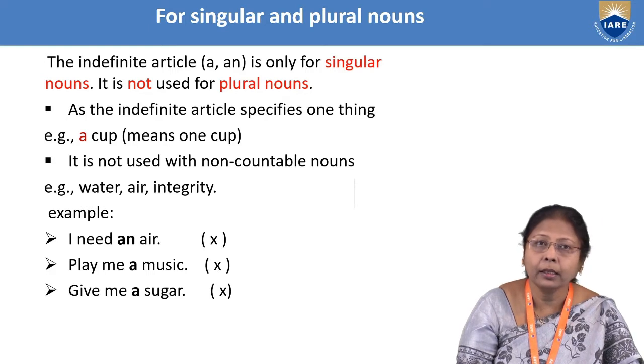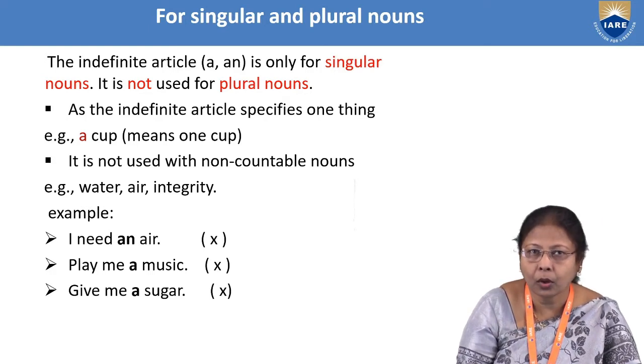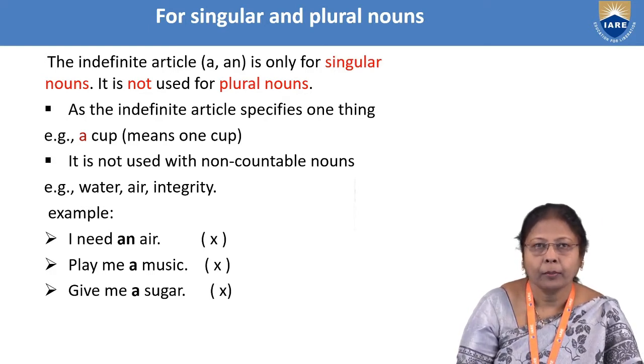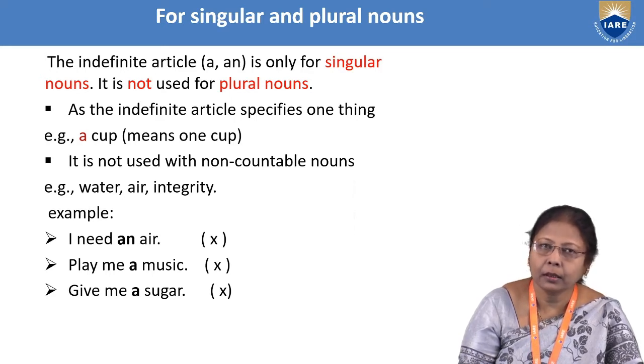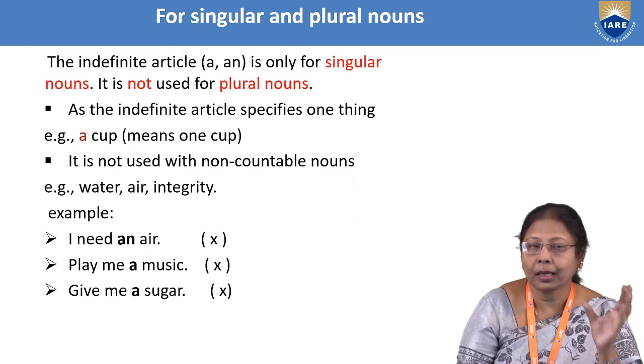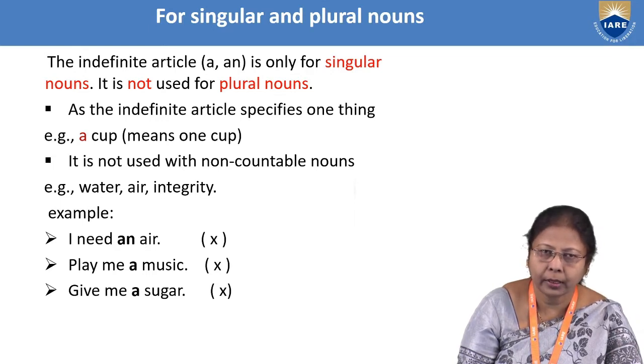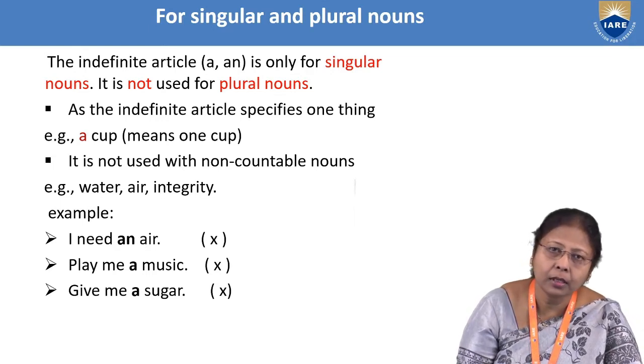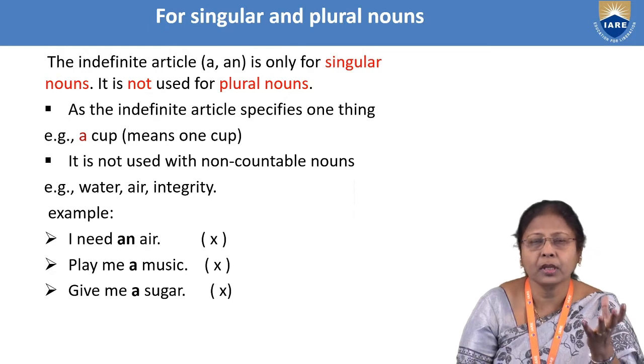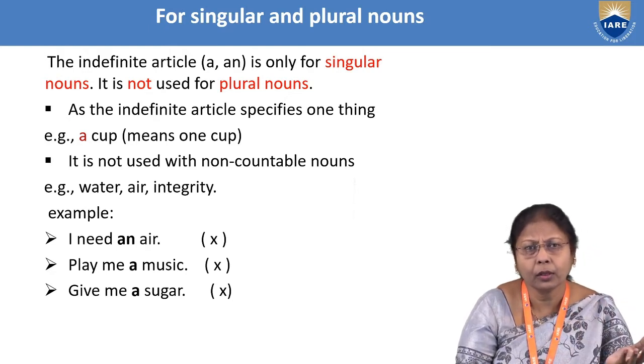See here, "I need an air." Wrong expression this is. Before air, though it starts with a vowel letter A, we should not use an because air is uncountable, non-countable. Okay, "Play me music" is the right expression. "Play me a music" is a wrong expression because music we cannot count.